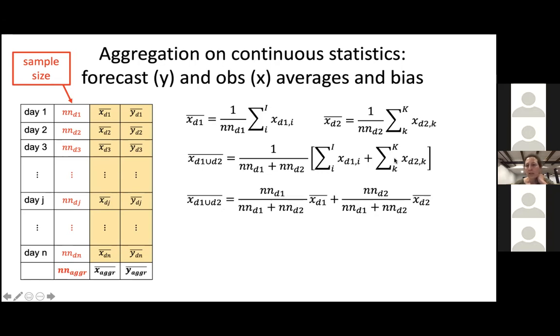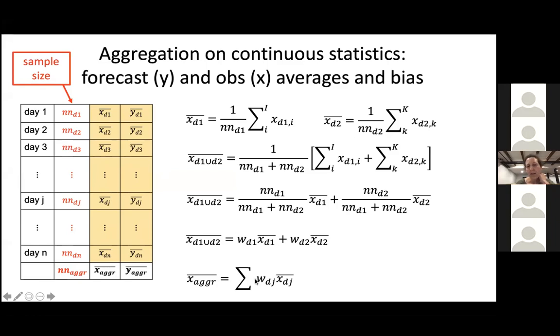Then, this is just algebra, you can split this. It is the average of day 1 with a weight, plus the average of day 2 with a weight. These weights are proportional to the sample size of that day divided by the aggregated sample size. Now I generalize for all the dates.